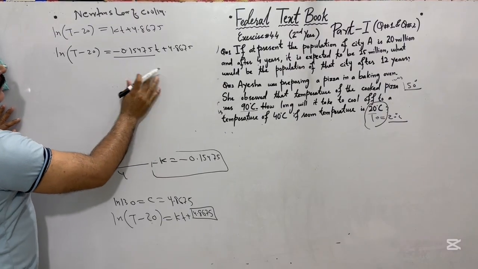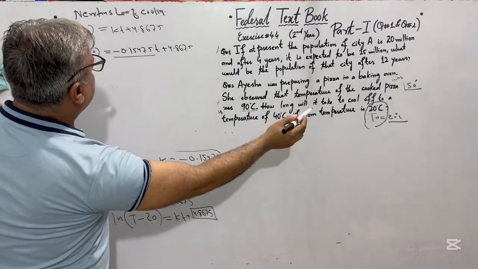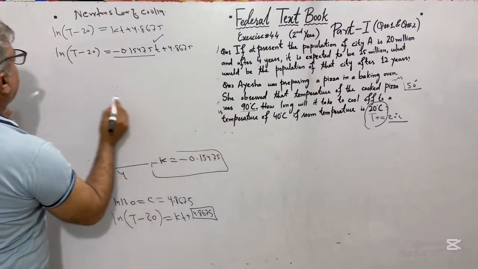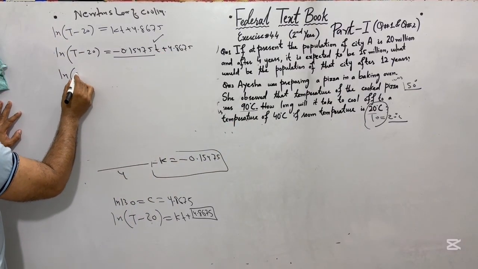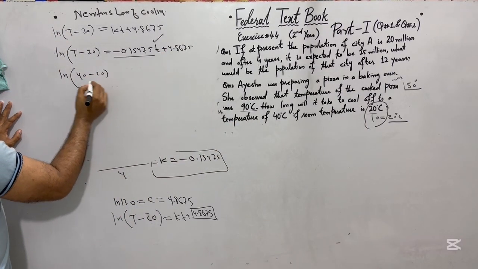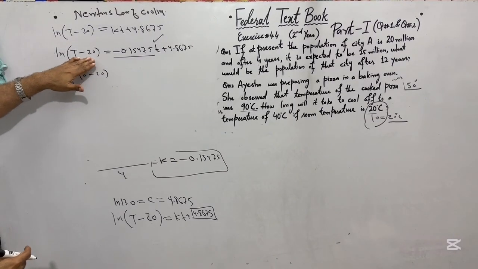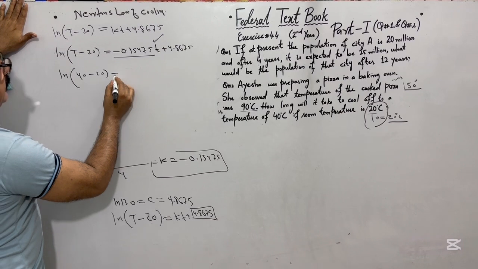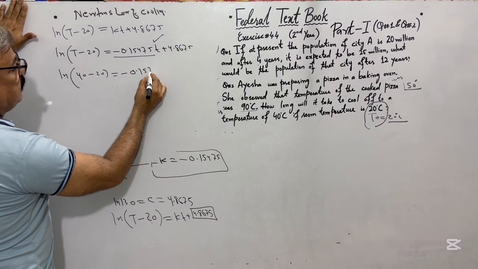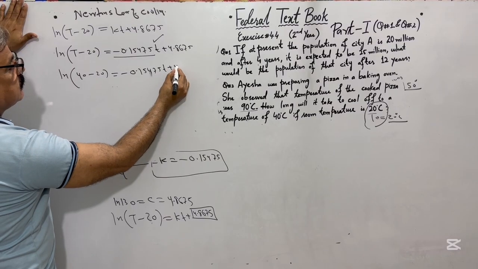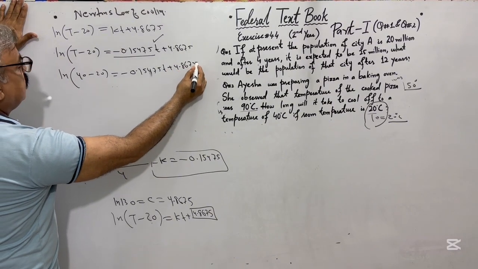We are done. We are asked how long, meaning time. We are asked to find when the temperature is 40. Temperature is 40, our ground temperature, room temperature, is 20. So ln of 40 minus 20 equals negative 0.15475 times t plus 4.8675.